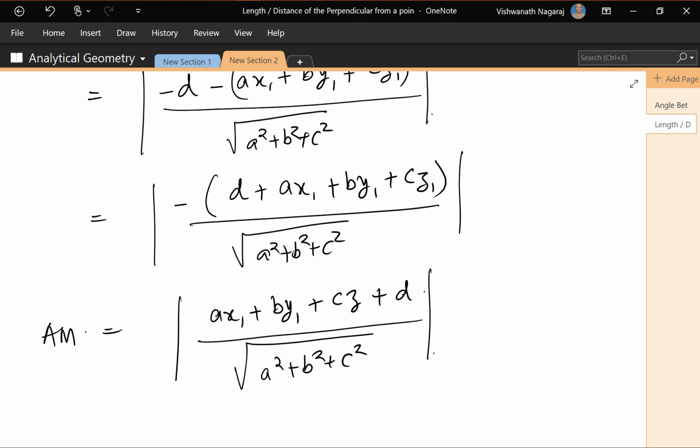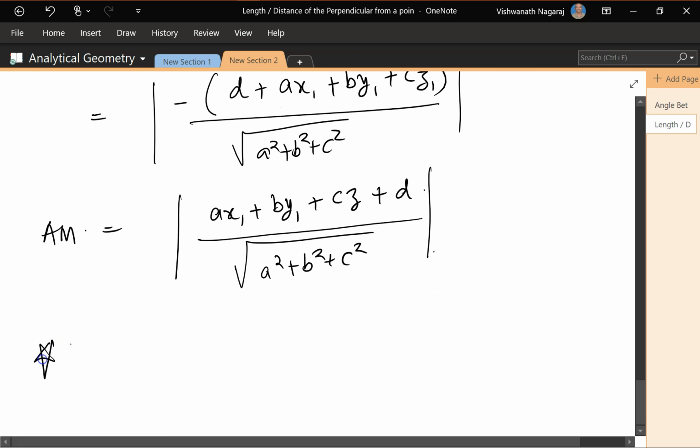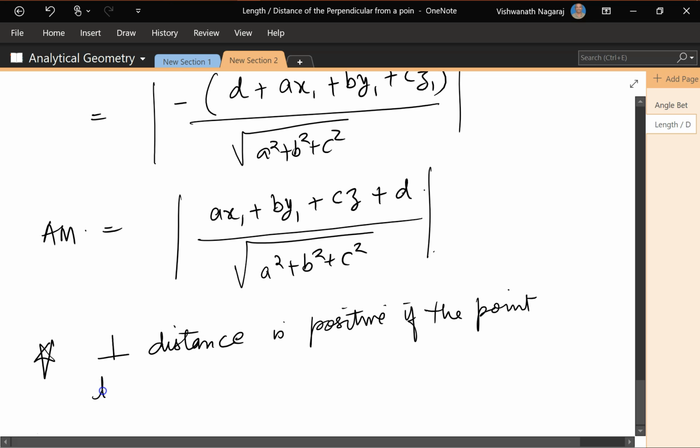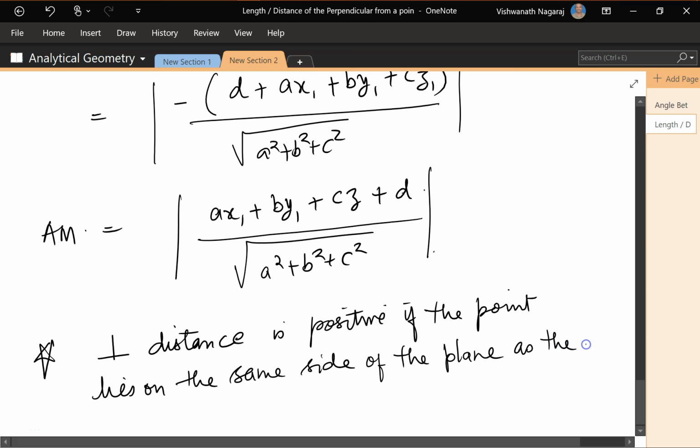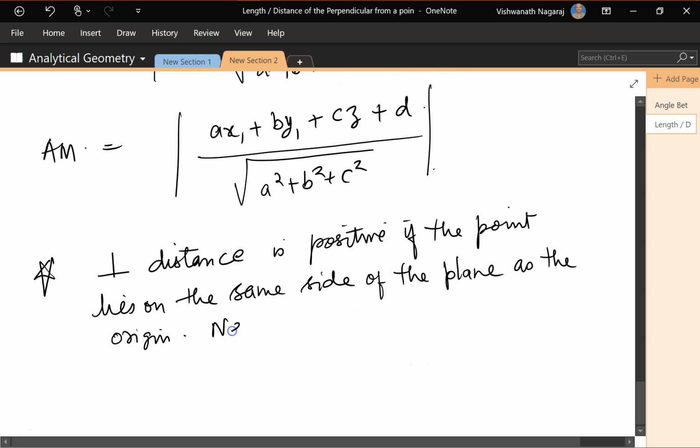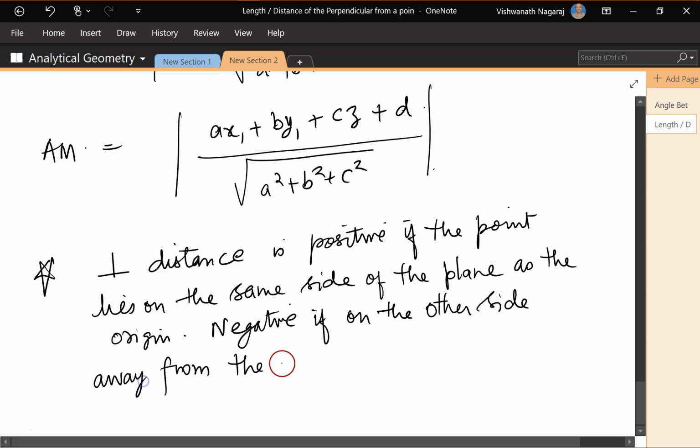Okay, now there are a few points. The perpendicular distance is positive if the point lies on the same side of the plane as the origin, and naturally negative if it is on the other side, away from the origin.